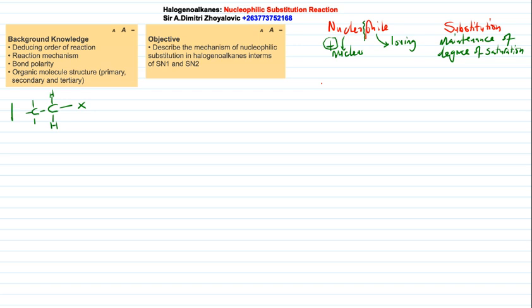Then we have a secondary halogenoalkane if the carbon onto which the halogen atom is bonded is bonded to two carbon atoms, like this one. Then we have tertiary, if the carbon onto which the halogen is bonded is bonded to three carbon atoms.